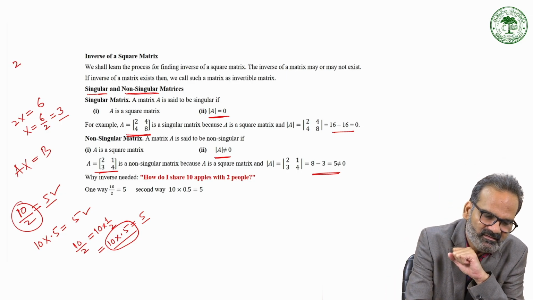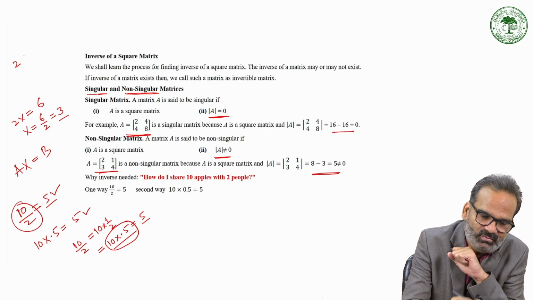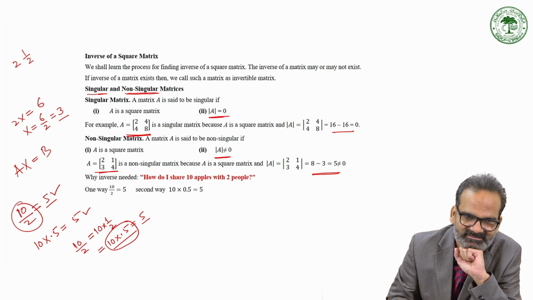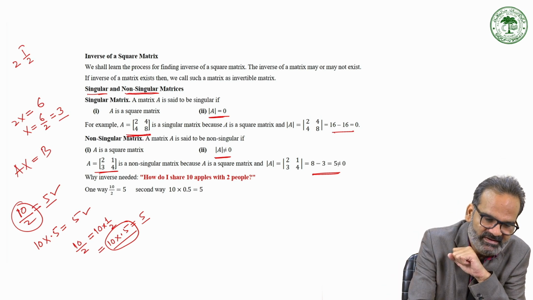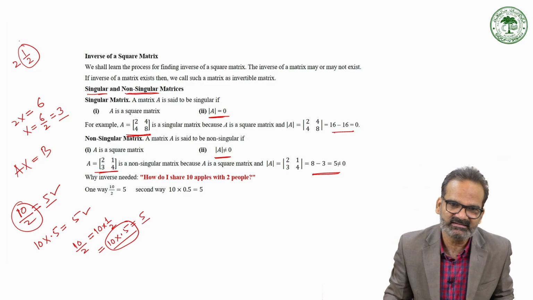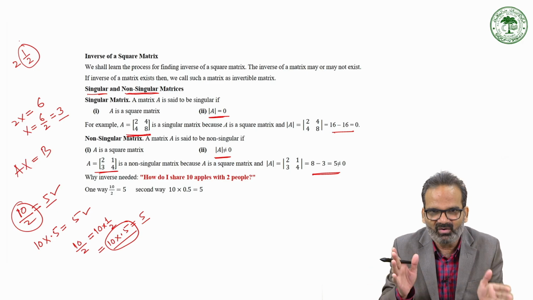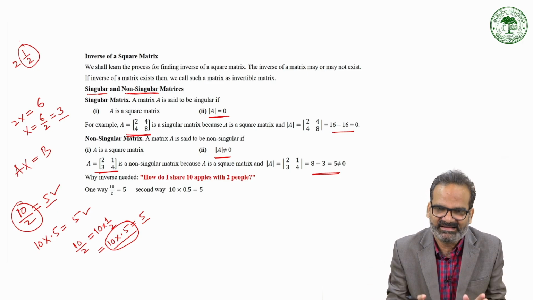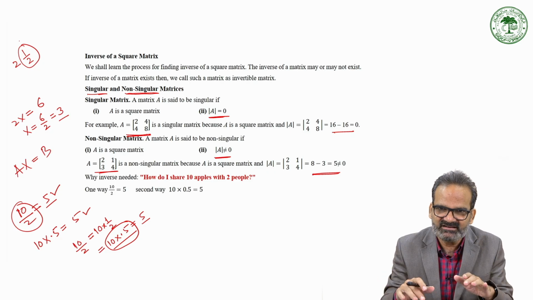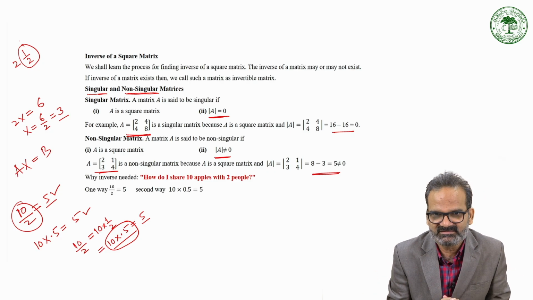2 is a number, right? If I ask you what is the inverse of 2, the inverse of 2 is 1 upon 2. Clear? Similarly, in case of matrices, we will use the concept of the inverse to solve the various matrix equations, as we use the concept of division to solve the various equations in case of numbers, right?